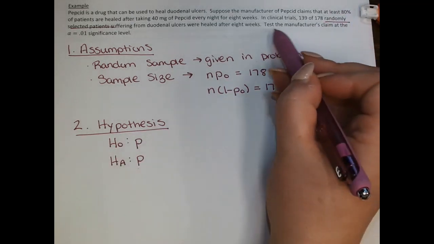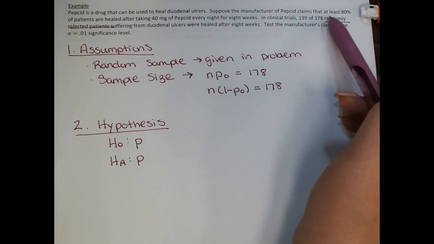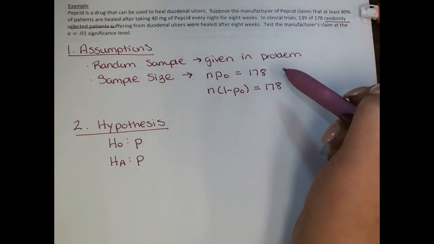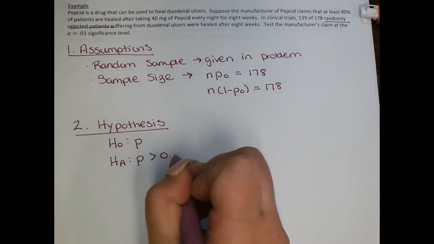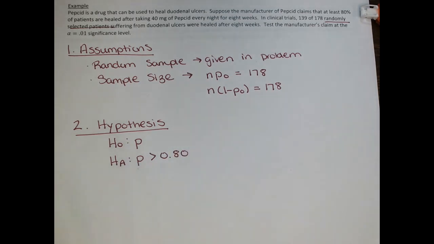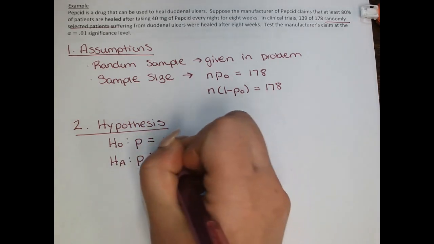So notice here we're trying to test the manufacturer's claim, and the manufacturer claims that at least 80% of the patients are healed. So what we're going to do is we're going to test that P is greater than 80% or 0.8. Notice we're not going to put the equal sign here, and that's because the equal sign is reserved for the null hypothesis.